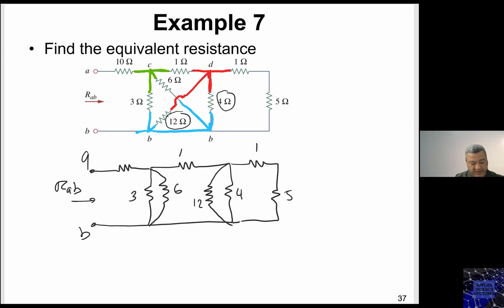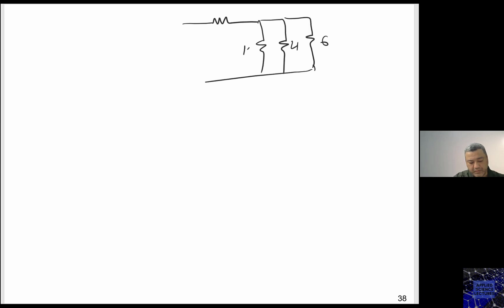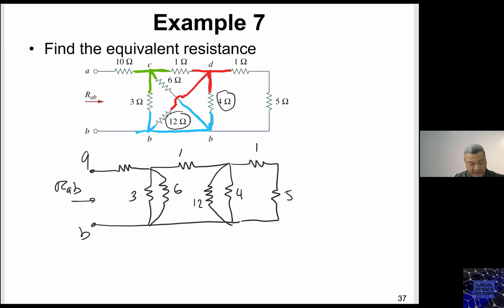So this one's 6, 4, and 12, and 3 and 6.